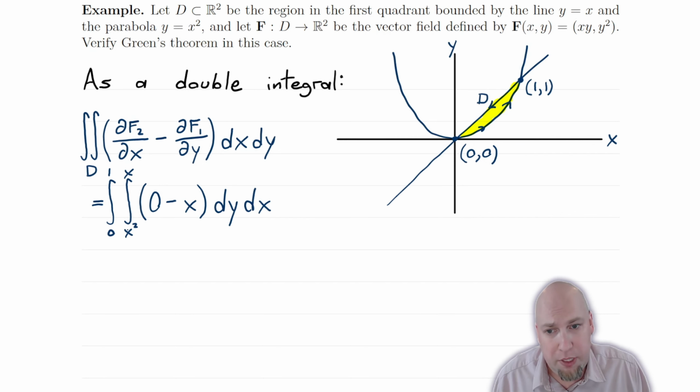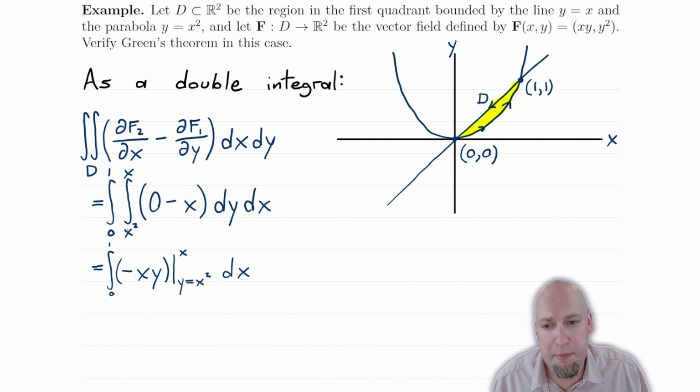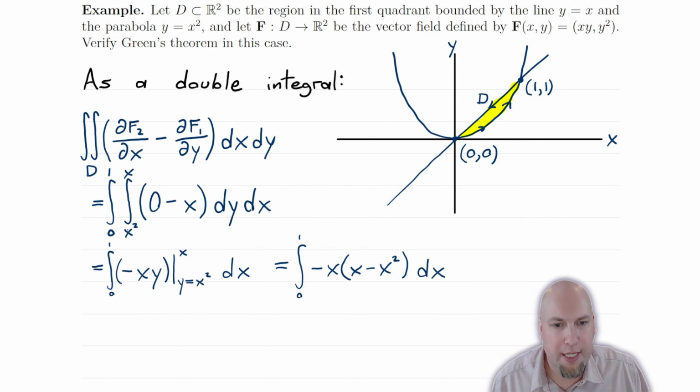And now I just compute this iterated integral. Minus x integrated with respect to y becomes negative xy. The bounds are y equals x squared up to x. I plug those in. I get negative x times this y with the bounds plugged in, which becomes x minus x squared. I'm going to multiply it out. Negative x times negative x squared becomes a positive x cubed.